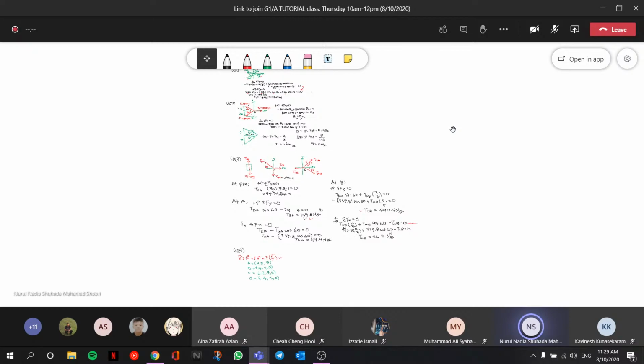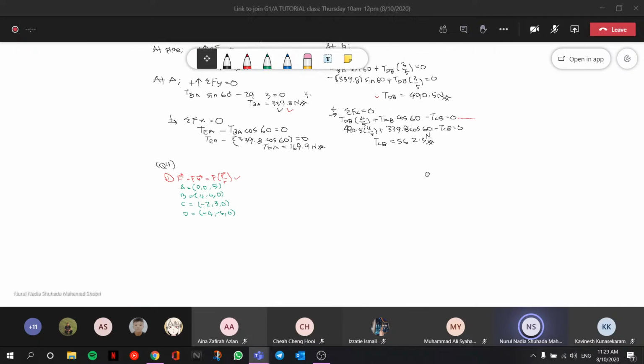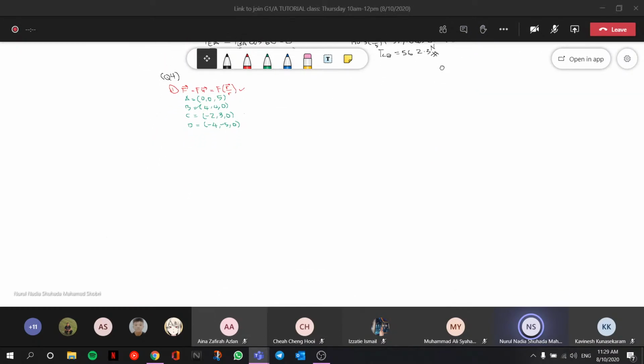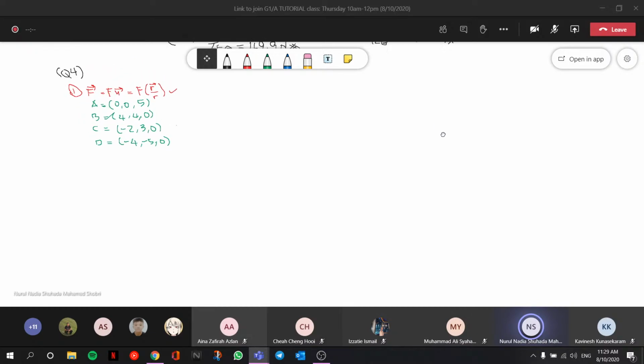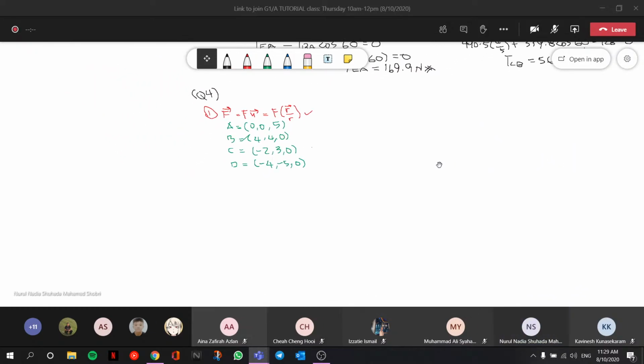So based on this one formula, we will find all three tensions, and there is actually a force at A that is pointing upward just now, which is 100 Newton.